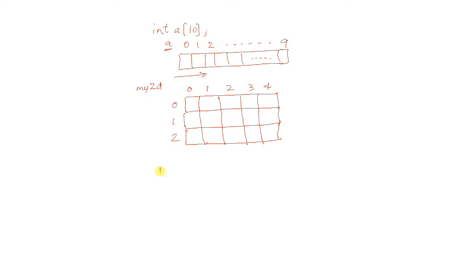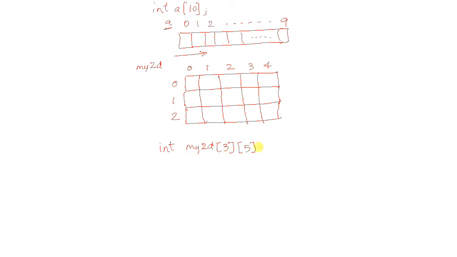It will be declared as int, or whatever type you want, my2D, and first you have to specify the total number of rows, which is 3, and then one more pair of square brackets to specify the total number of columns, something like this. This declares the my2D array and we will visualize it like this.